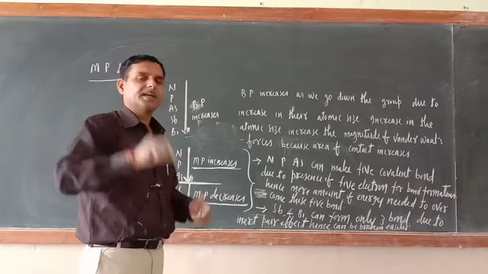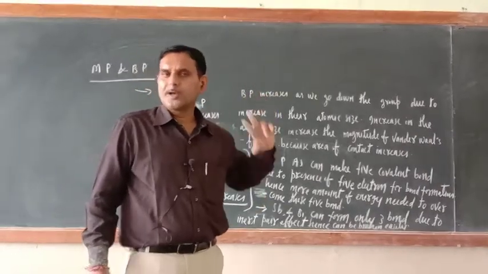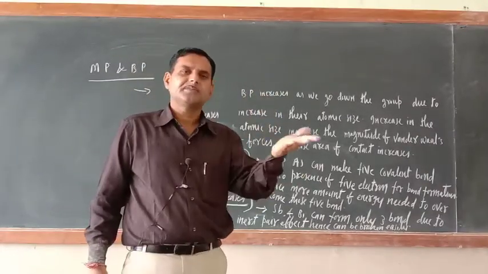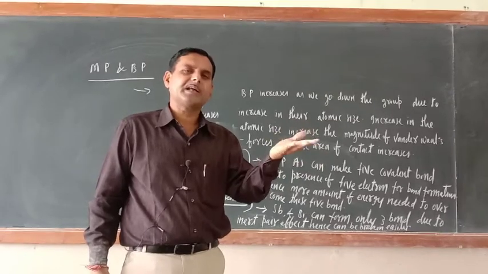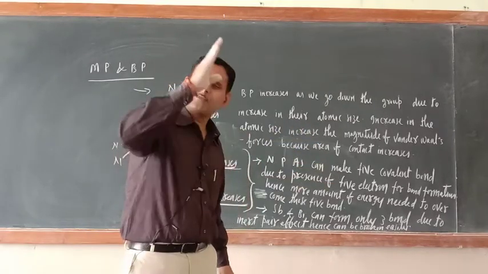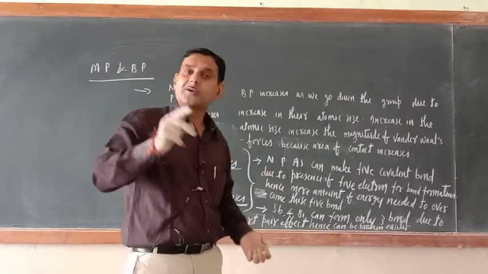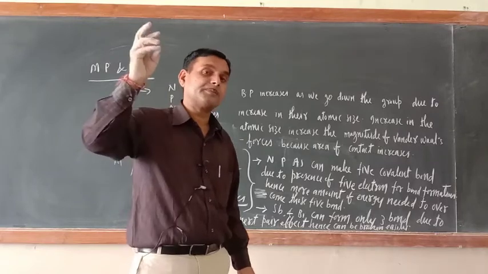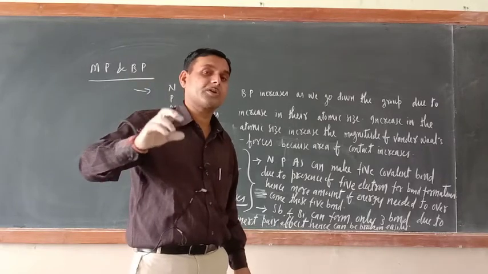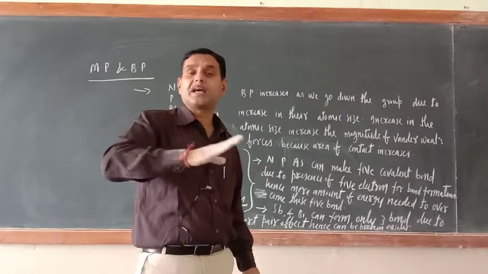Just see, last year only you have studied. Lithium, sodium, potassium, rubidium, cesium, they are very light metals, they float on the water, but they are very soft, they can be cut with the help of a knife. But do you think the second group, beryllium, magnesium, calcium, strontium, barium, radium, can also be cut with a knife?